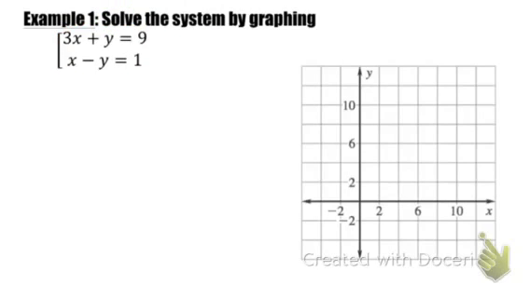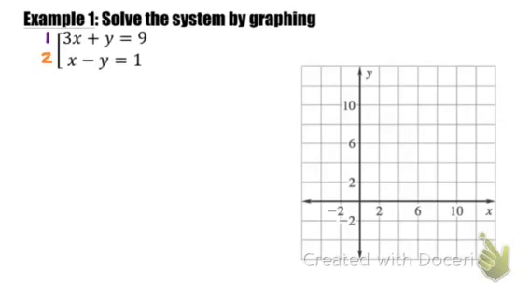So one thing that I want to point out is that when you solve a system, and today we're solving by graphing, you want to, as much as possible, keep your systems organized. So I'm going to first label each equation 1 and 2.